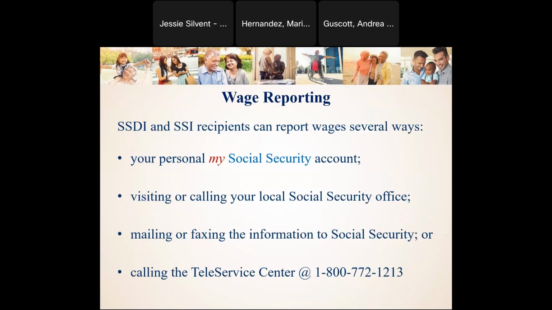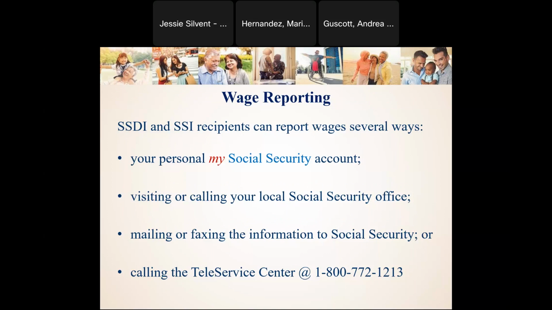So to touch upon wage reporting once more, these are the various types of wage reporting that are available to all disability recipients under both the SSI and SSDI programs. So again, wages can be reported at ssa.gov through my Social Security account, by visiting or calling an office.